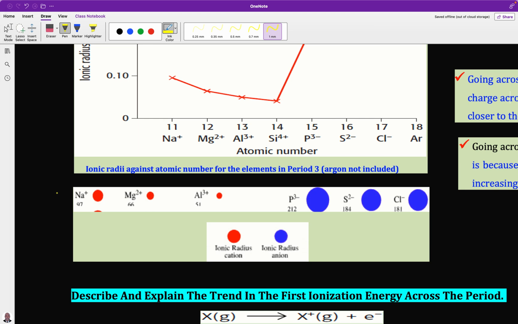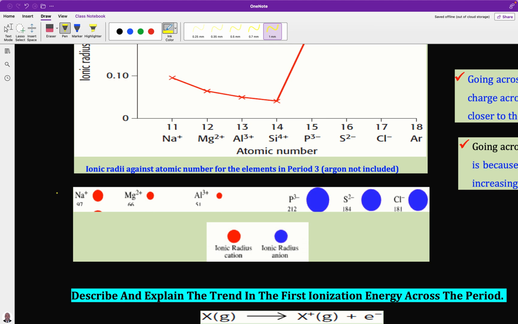Therefore, we can conclude that going across a period from sodium ion to silicon ion, the ion gets smaller because the increasing effective positive nuclear charge exerts a greater force of attraction on the outer shell electrons, pulling them closer to the nucleus.